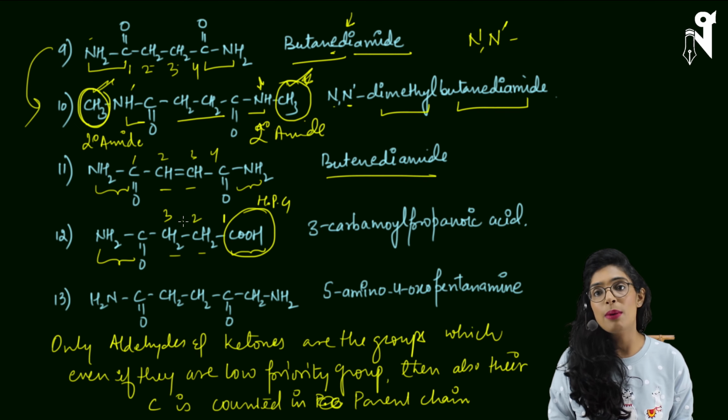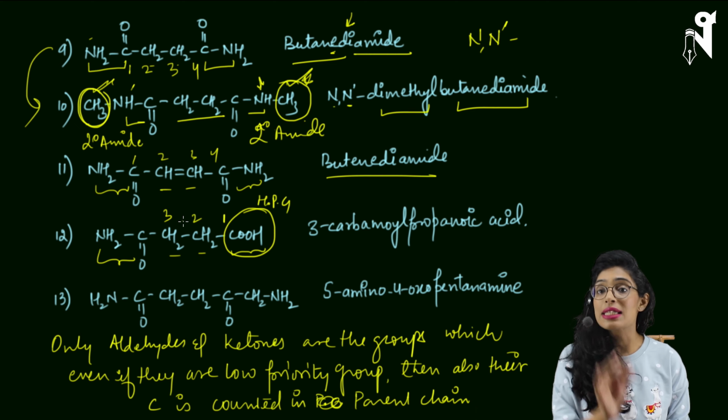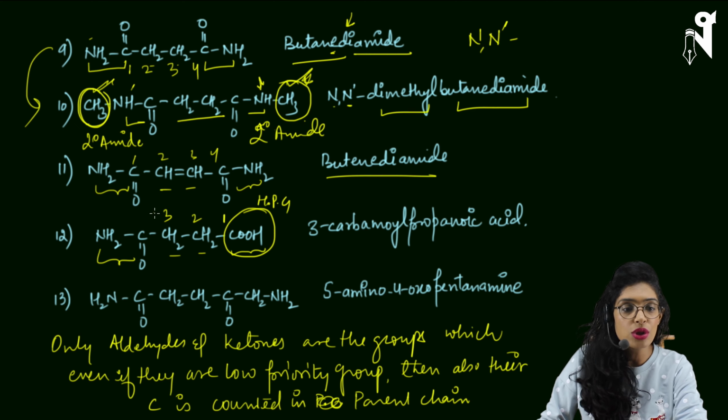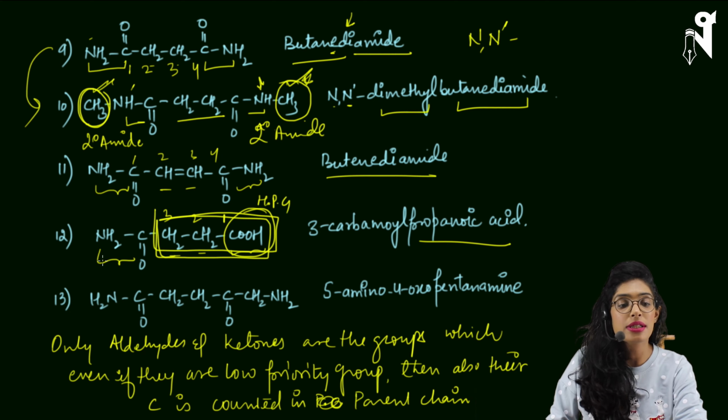It's not only about amide; any group will behave like this except aldehydes and ketones. So my principal carbon chain ends here. How many carbons does it have? 3. So it will be propanoic acid, with a prefix, carbamoyl.